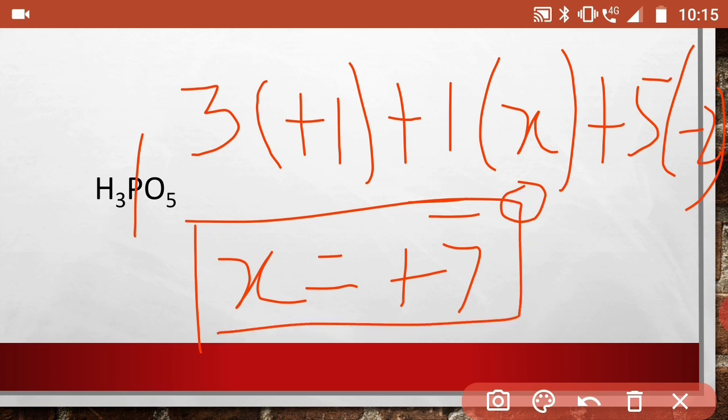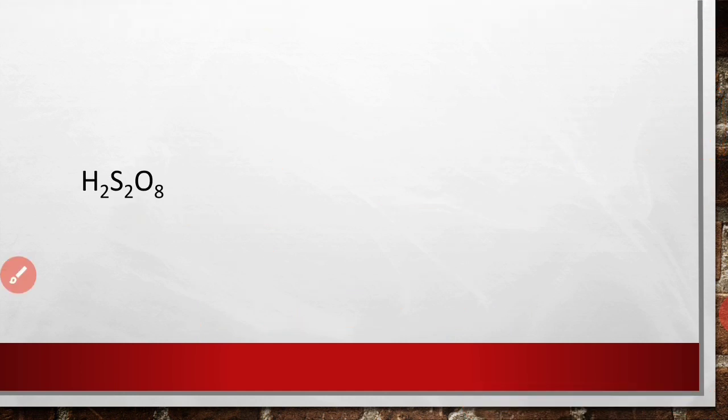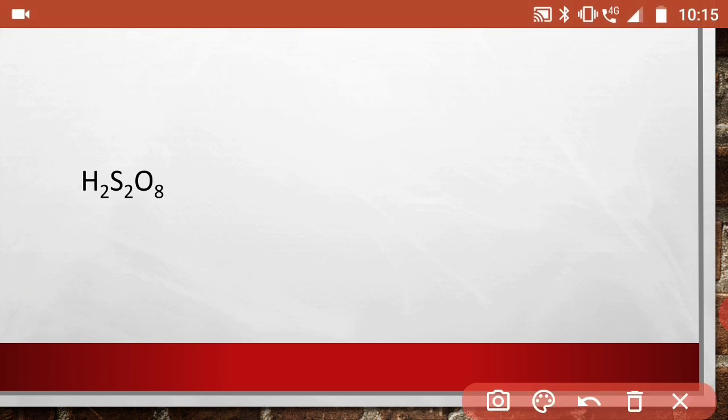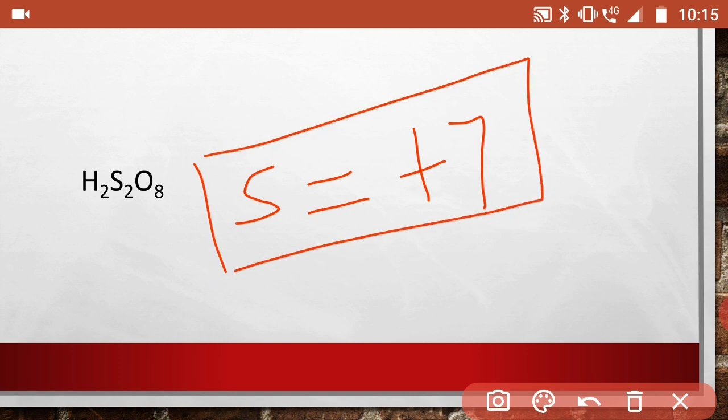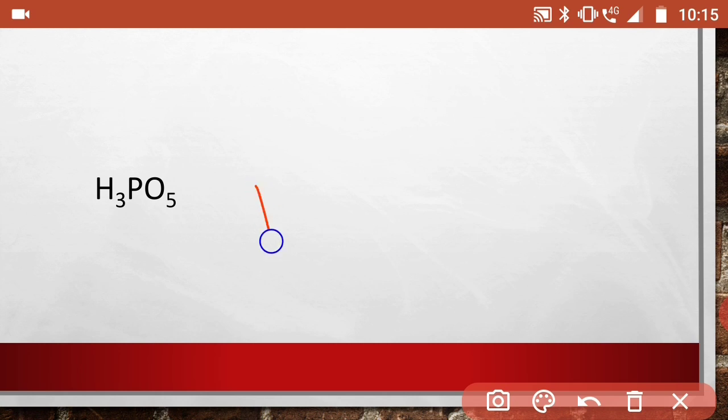now there is a problem here. In these two examples, H2S2O8 and H3PO5, what we have got is sulfur has oxidation state +7 and phosphorus has oxidation state +7.